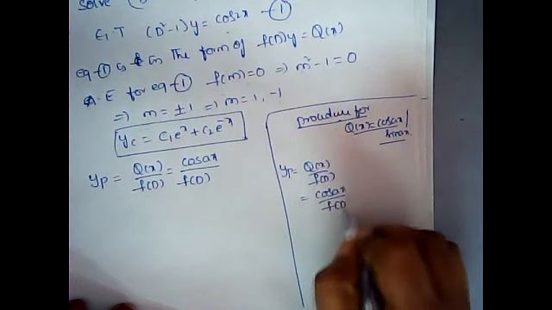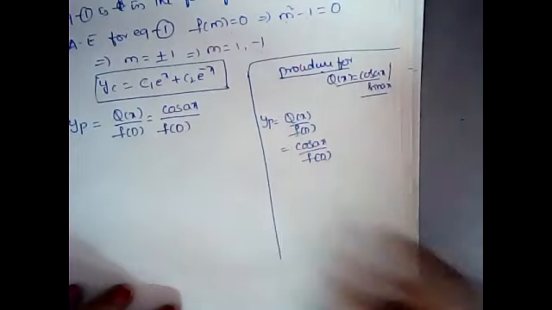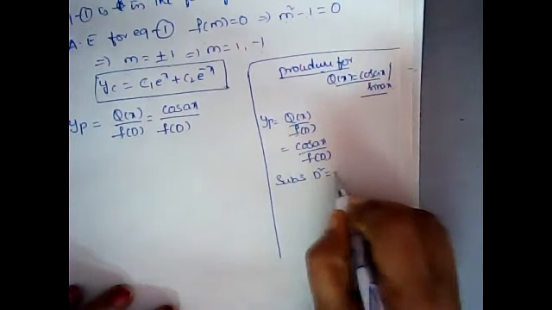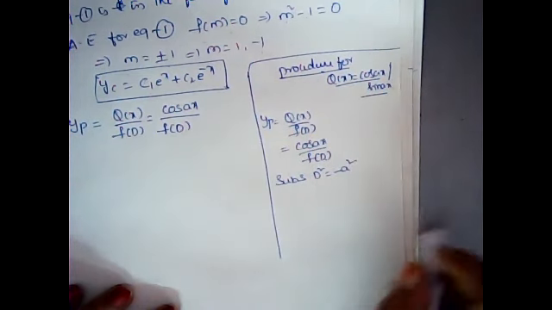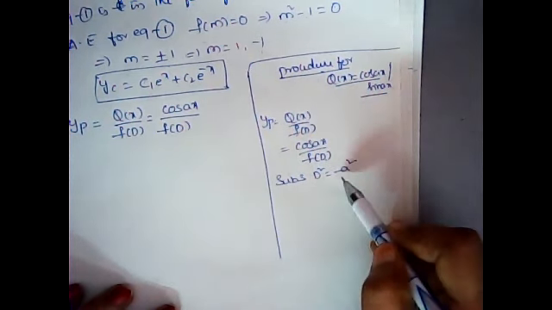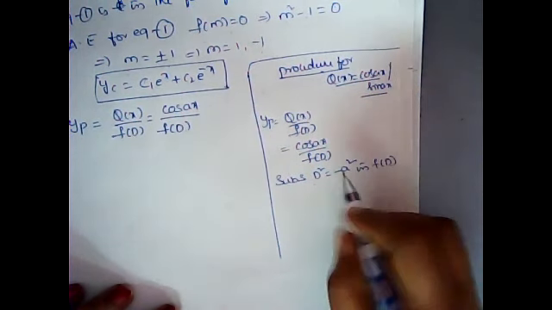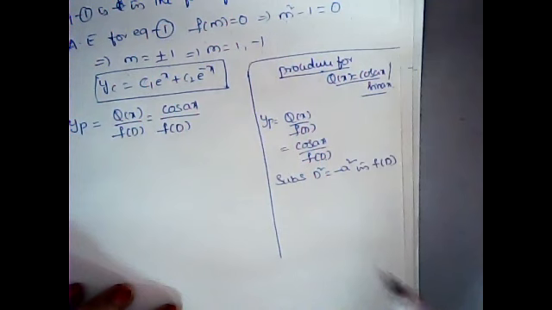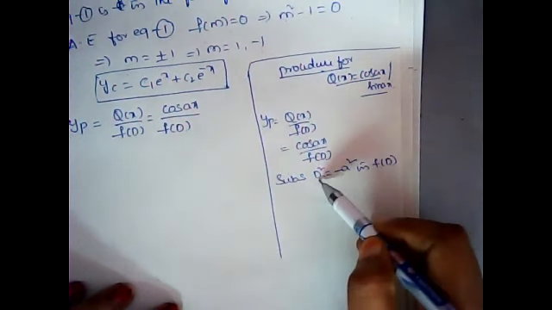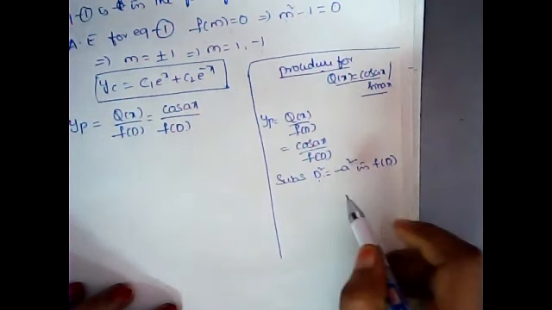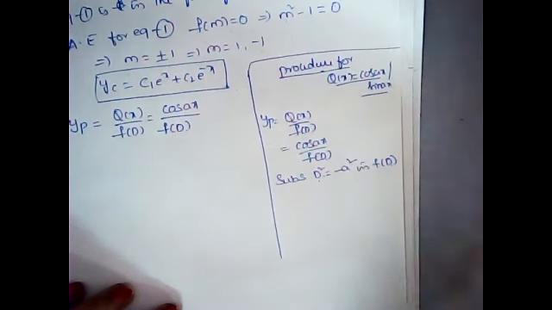The condition is that we substitute D squared is equal to minus a squared in f of D. Then we will get the required solution. Only in the place of D squared, not in the place of D. If you have D, then we need to rationalize it.